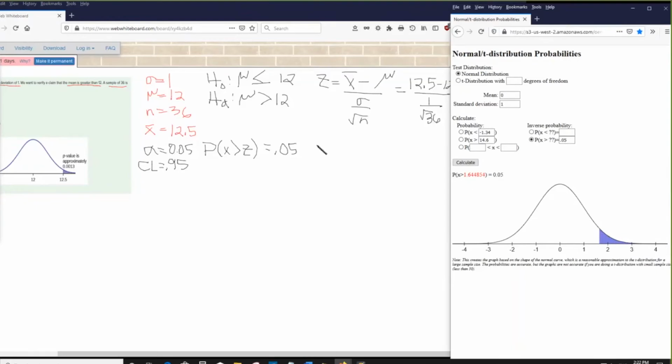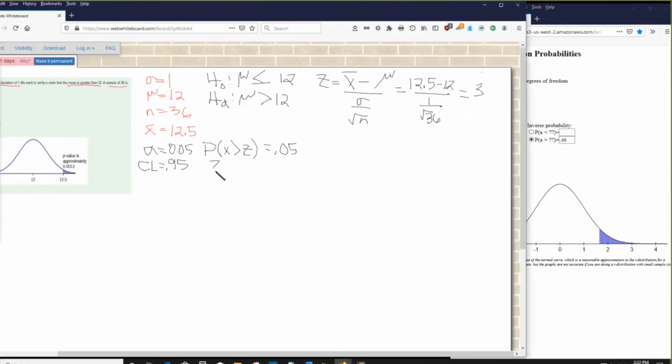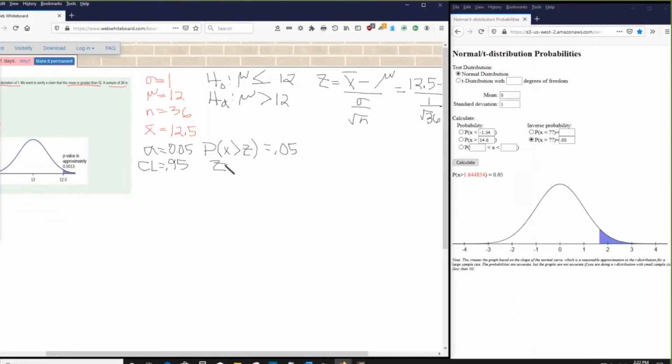So that's going to give me a z value of 1.645. Okay, and this will be my z for my null hypothesis.